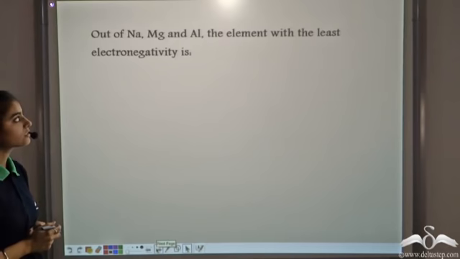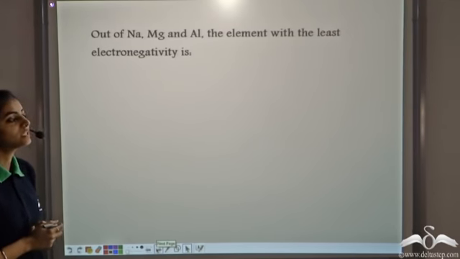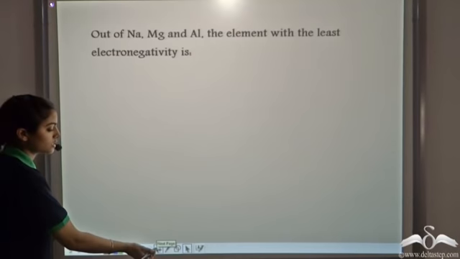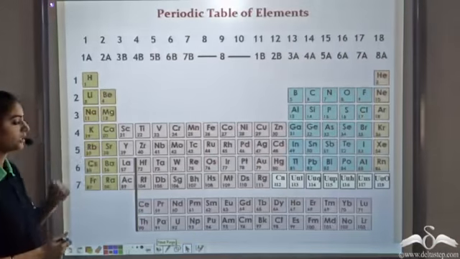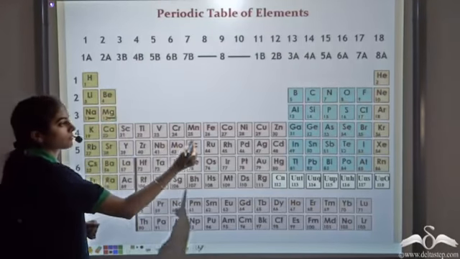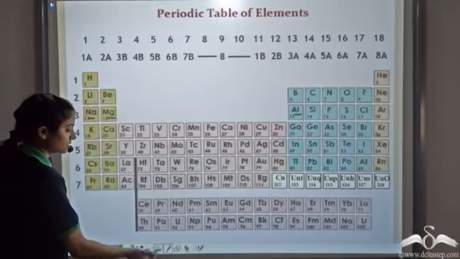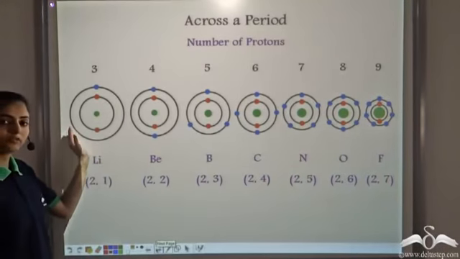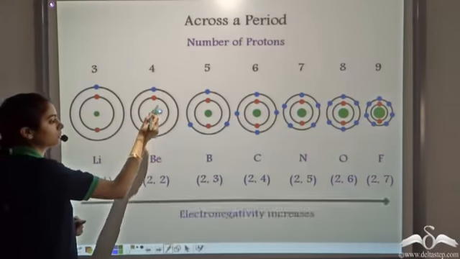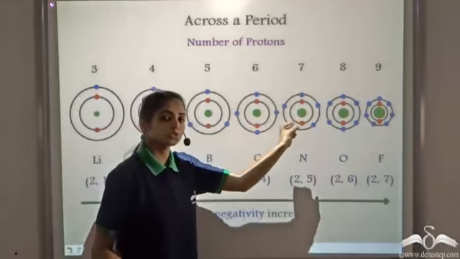We have 3 elements: sodium, magnesium, and aluminium. Which is the element which has the least electronegativity? Let's try to locate these elements in the periodic table. We have sodium, magnesium, and aluminium. We just studied that when we move from left to right in a period, the electronegativity increases because the outermost shell is closer to the nucleus.